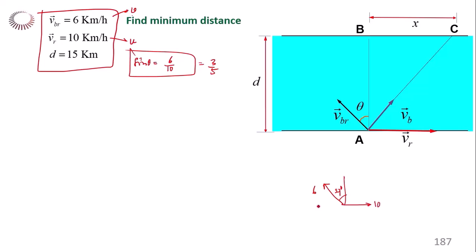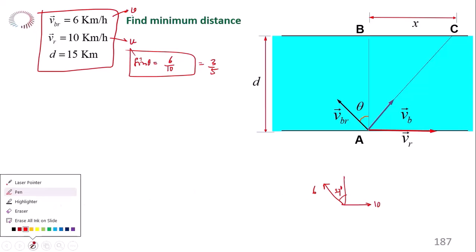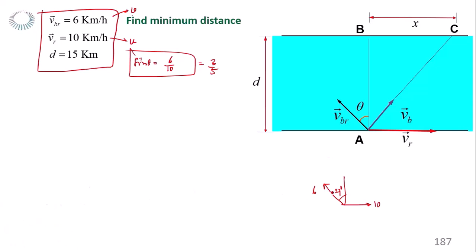Got it? So sin theta becomes 6 by 10. VR is 10. So can I say this is 6 cos 37 and this is 6 sin 37. So 6 sin 37 means 6 into 3 by 5, that is 18 by 5, and this is 24 by 5.